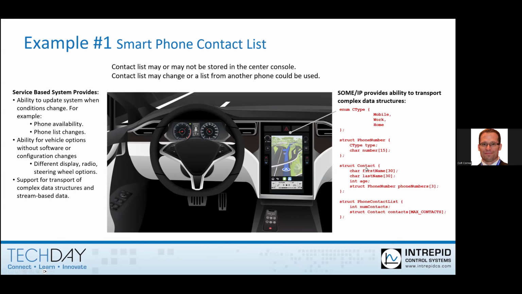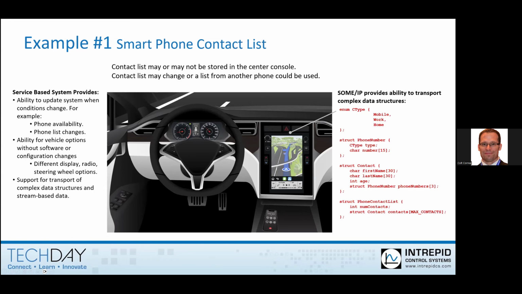Within a contact, there could also be a structure, which is first and last name and then a phone number, which is an embedded structure here. So here we have some character arrays inside of a structure, and in this structure we have another nested structure. Then we could have another outer structure called phone contact list, which contains a number of contacts and then an array of contacts, which is an array of structures.